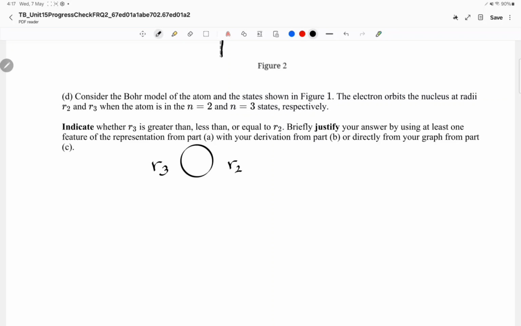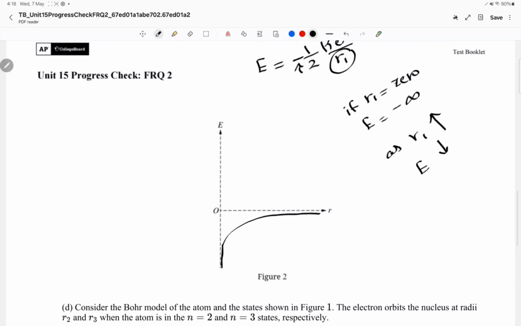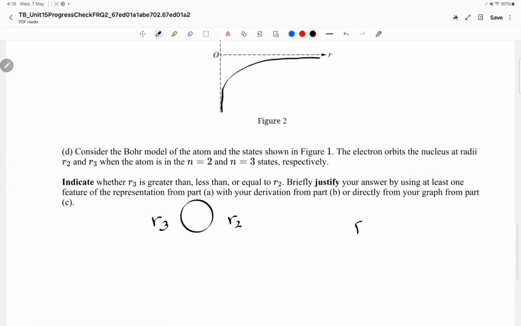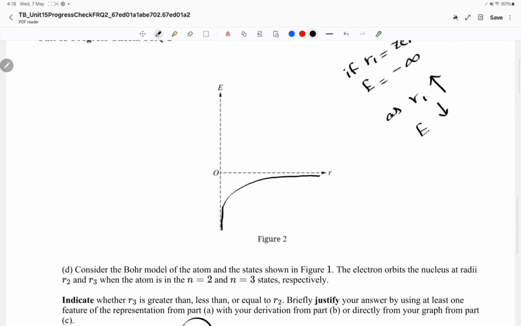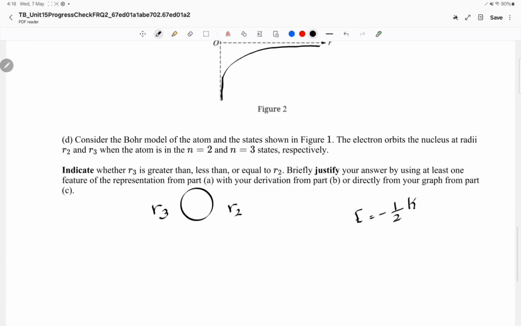Okay, so they're saying, let me ask you a question actually about this equation. So E is equal to negative half k e squared over r1.